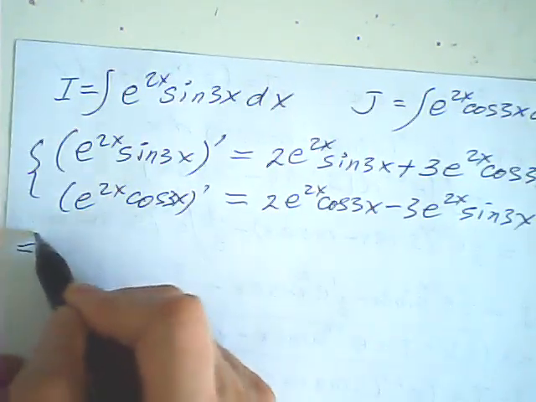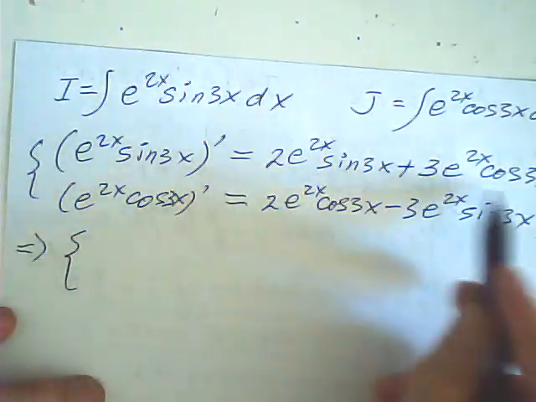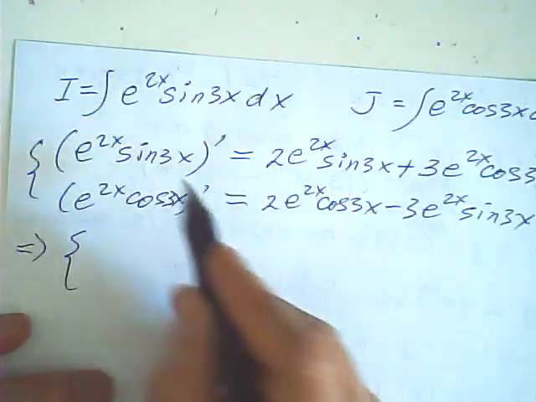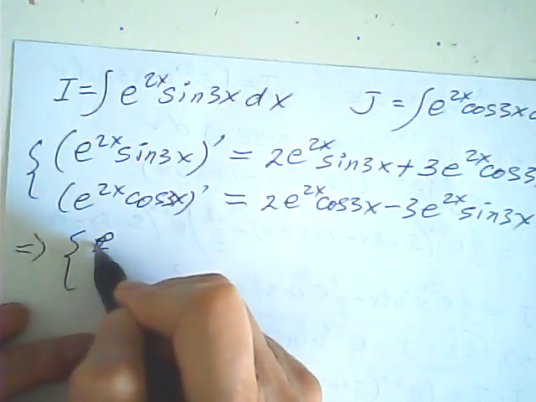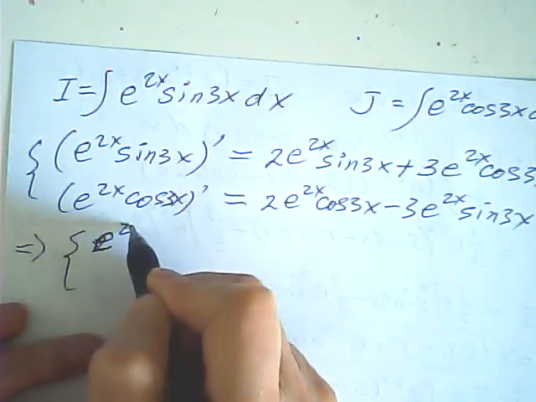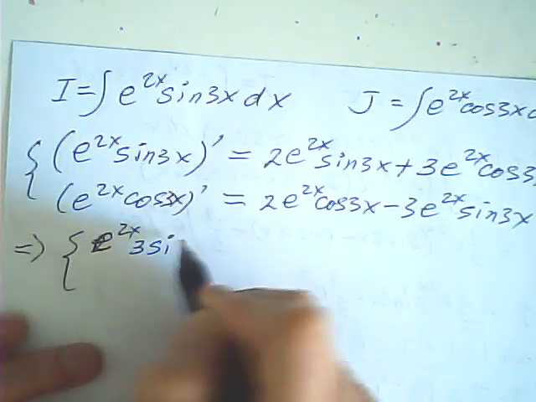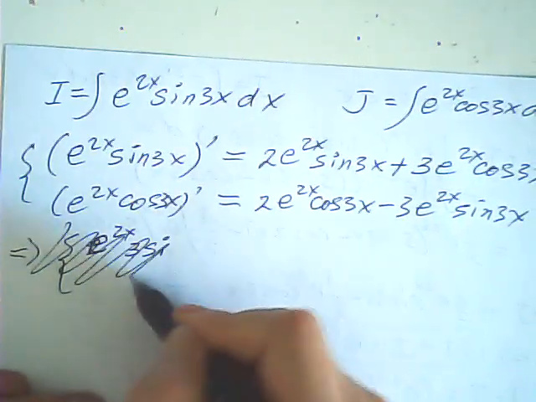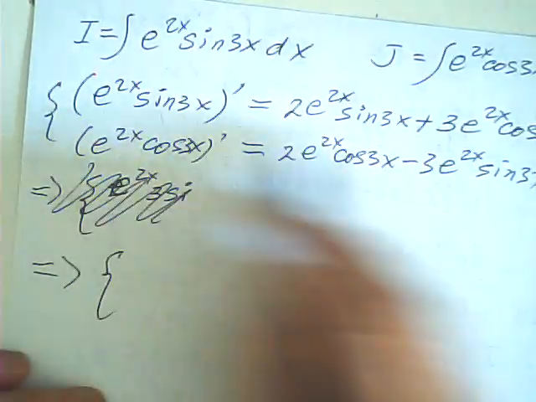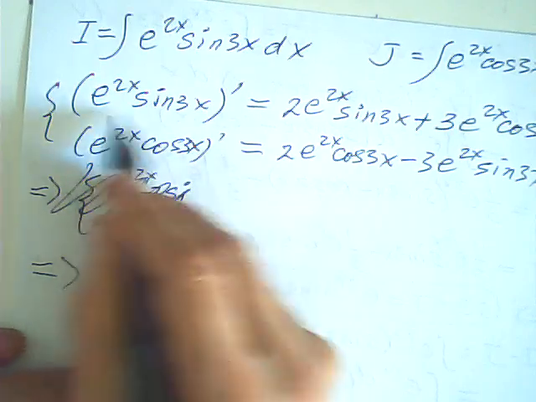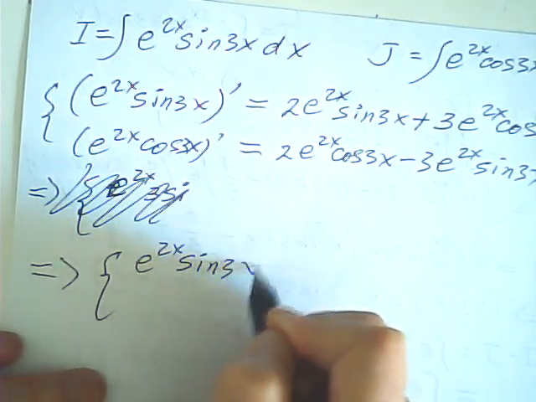Now, this equation, if I integrate both sides with respect to x, so this side will be e to the 2x, I'm sorry. If I integrate both sides with respect to x, this side will be e to the 2x sine 3x.